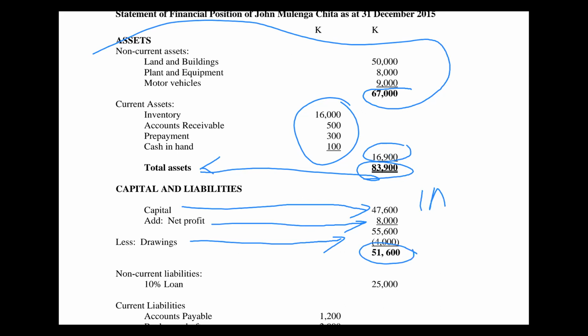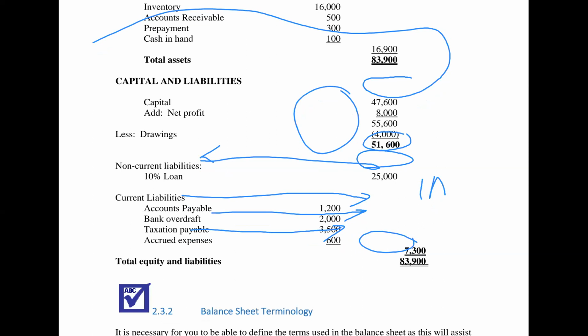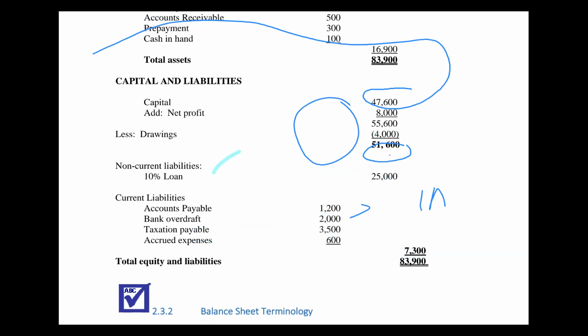Then from there, what you will have to do is add the non-current liabilities.